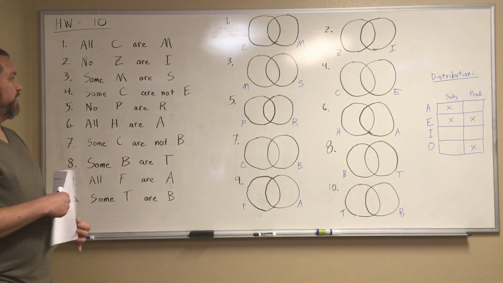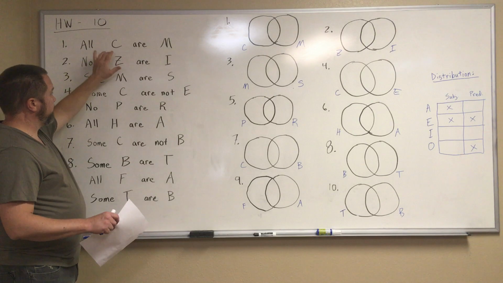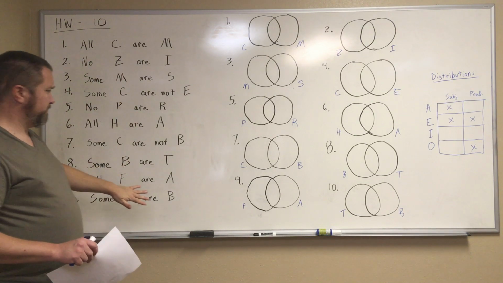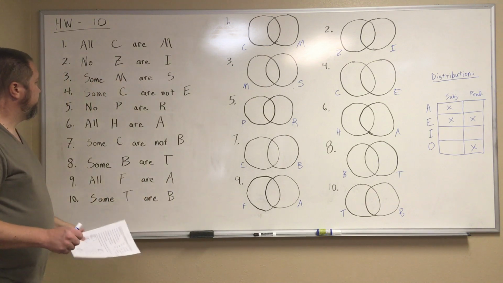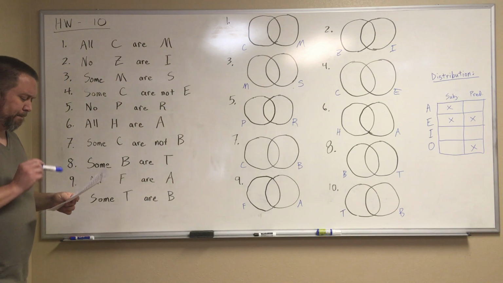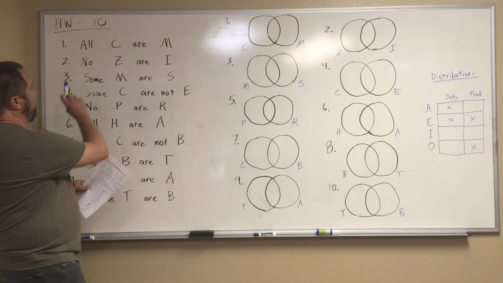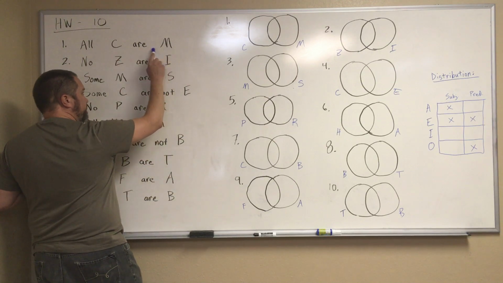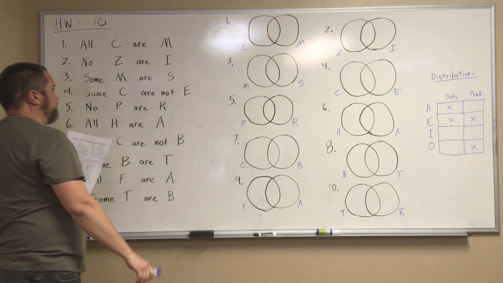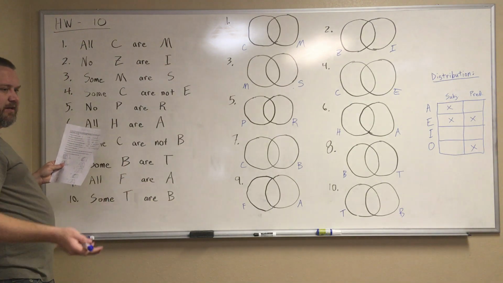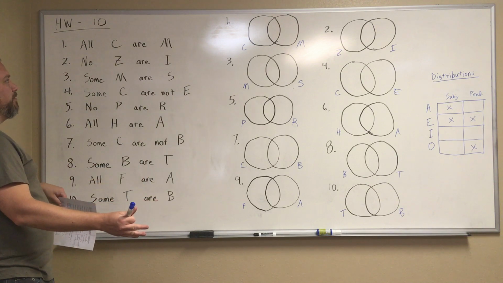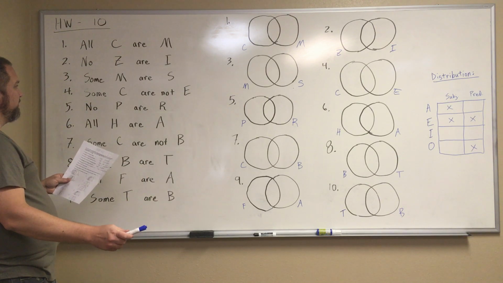Alright, let's get started. I've already abbreviated the categories here, just for the sake of room. Quick note, like the first one, all cars are motorized vehicles. The entire category, I've written an M to symbolize that. You can do an M or a V, just make sure that the letter that you use is consistent throughout, or else it'll get confusing later on.